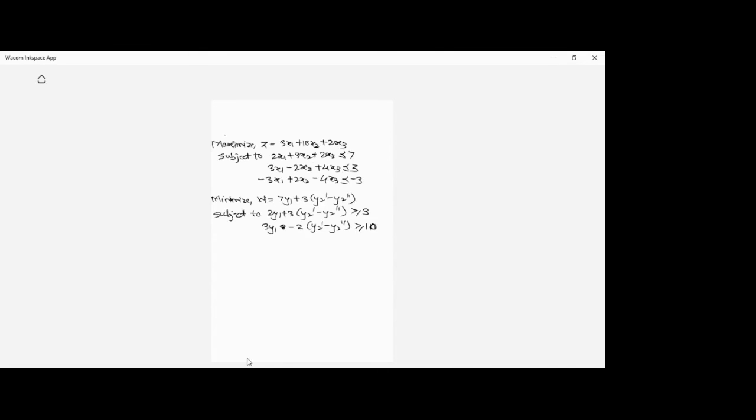Lastly, our last constraint is 2y1 plus 4y2 dash minus 4y2 double dash greater than or equal to 2. Here y1 is greater than or equal to 0, and y2 dash and y2 double dash are sign restricted. You should be writing this. So those will change depending upon the sign. So this is how this particular numerical will work out.